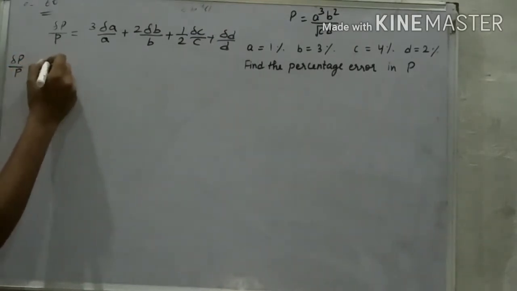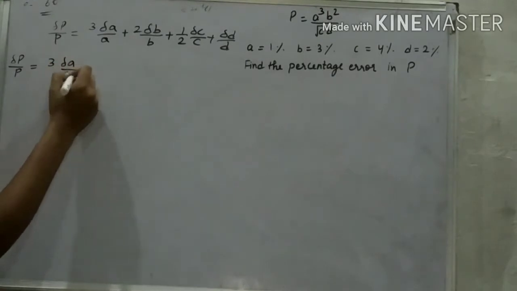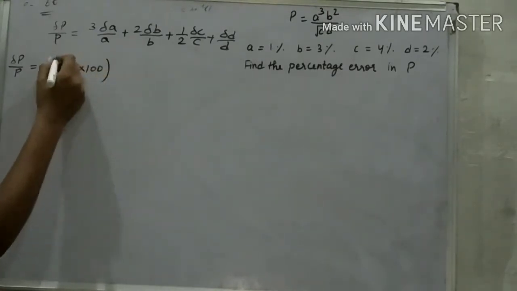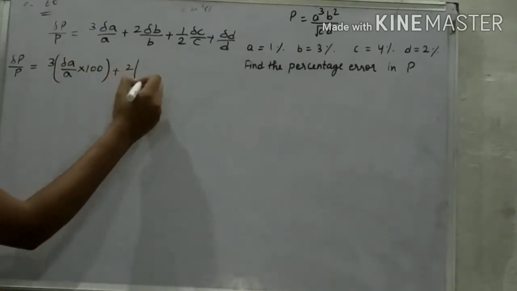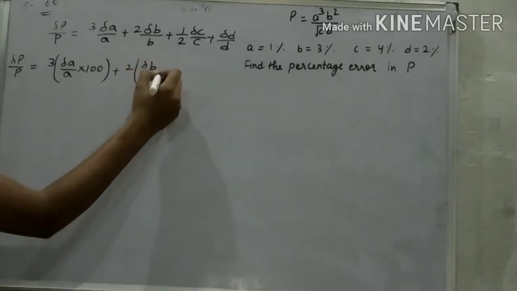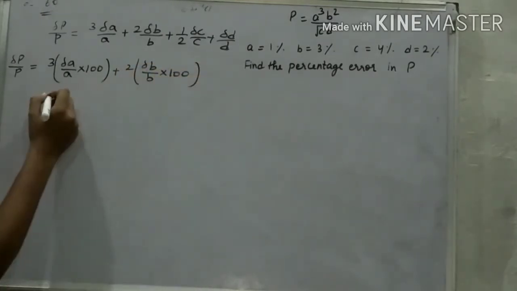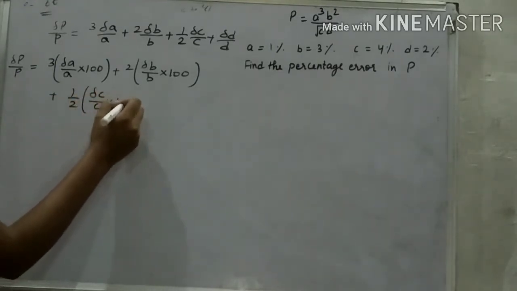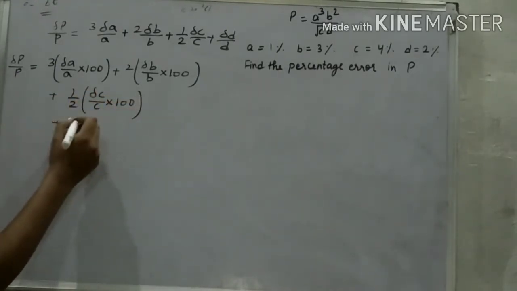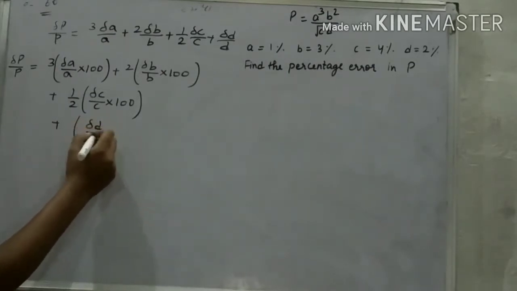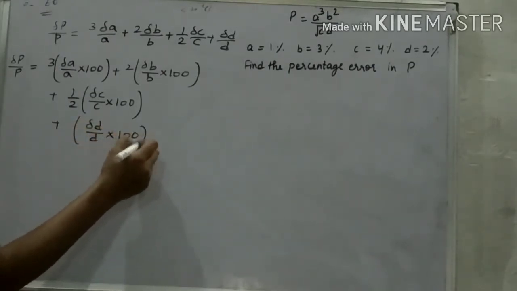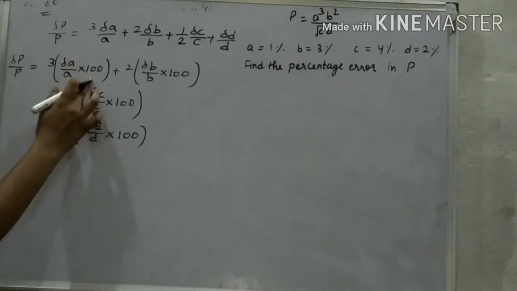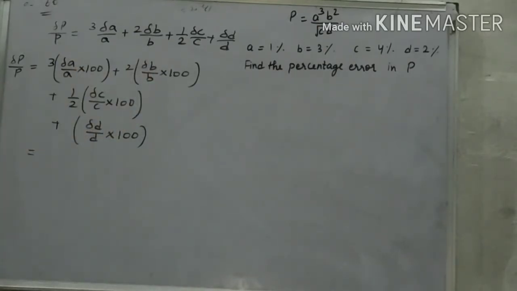Del P by P, 3 del A by A into 100, plus 2 del B by B into 100, plus 1 upon 2 del C by C into 100, plus del D by D into 100. So del A by A into 100, the percentage is given for A, 1%.